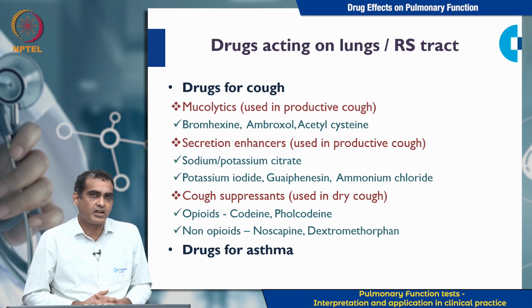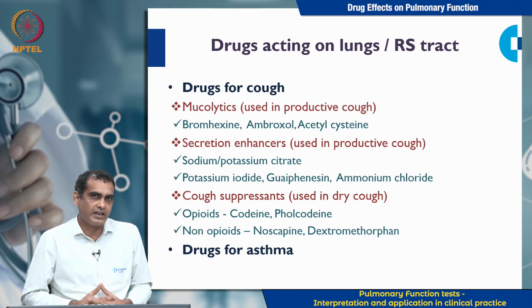So when we have severe cough, it disturbs us, so we try to use medications to treat it. For wet, productive cough, we try to use mucolytics or secretion enhancers. What are mucolytics? These are drugs which liquefy the sputum, which is so thick.